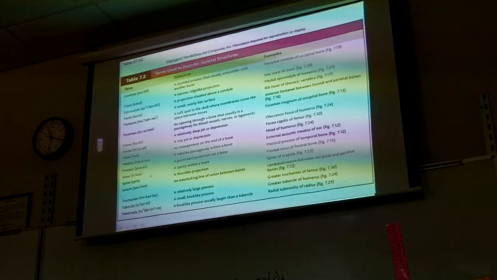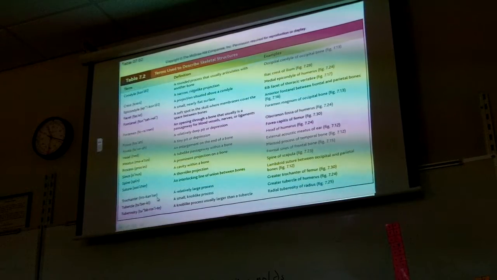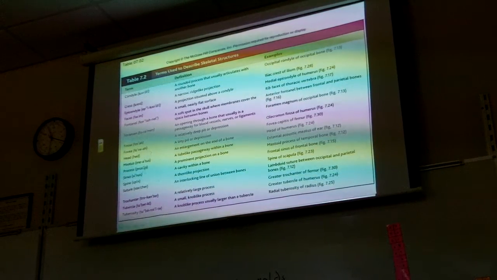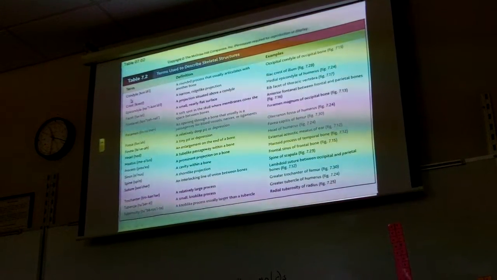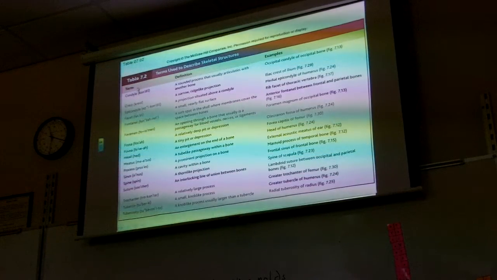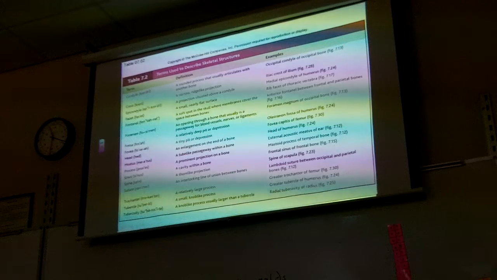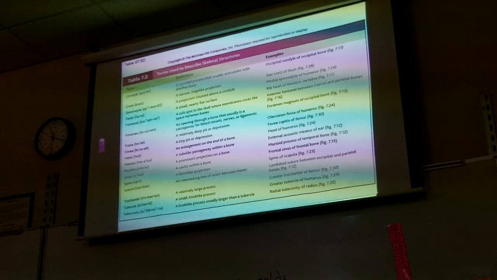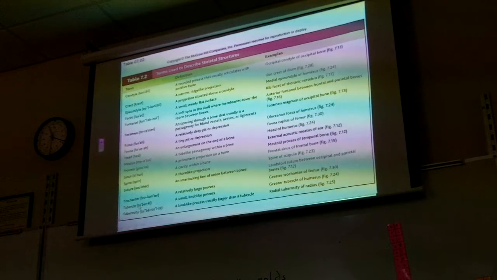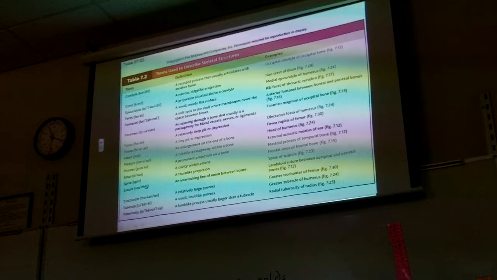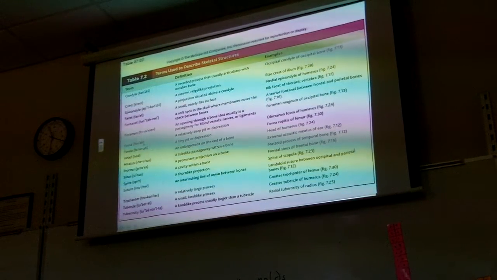So the quiz will be on this. It will be a matching quiz. Okay? So let me say all these words for you, because when we're pointing to parts of bones, you have to use these words. And it makes a lot more sense if you've memorized what the words are than having to memorize each time you pass it.